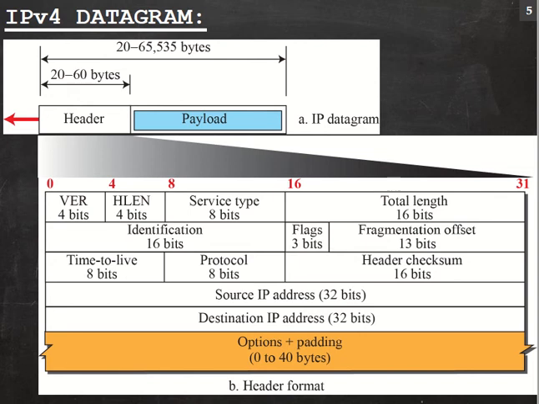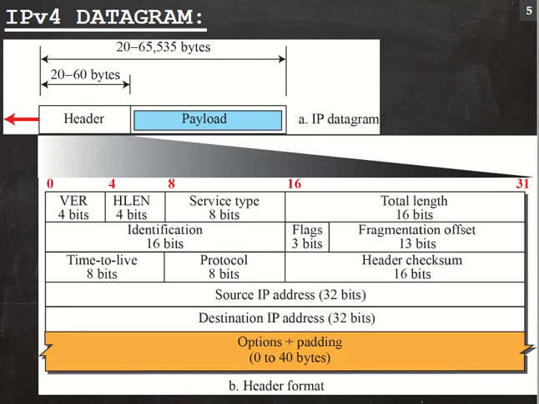So the equation is: take the total length specified here, subtract the header length, that is HLEN multiplied by 4. Total length minus HLEN times 4 gives us the length of the data the network layer has received from the transport layer.